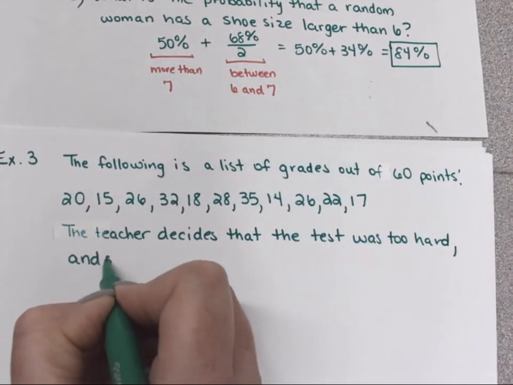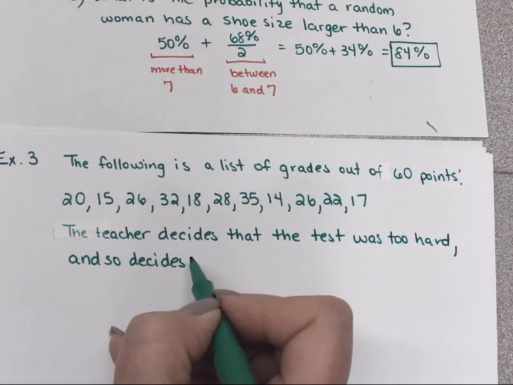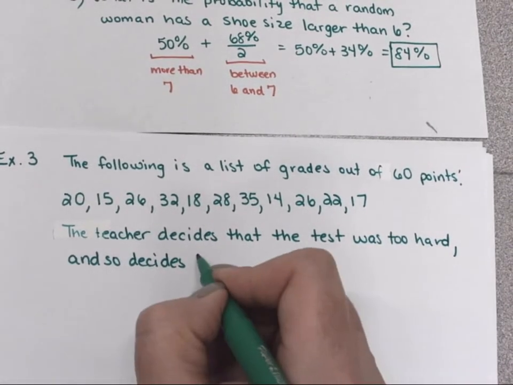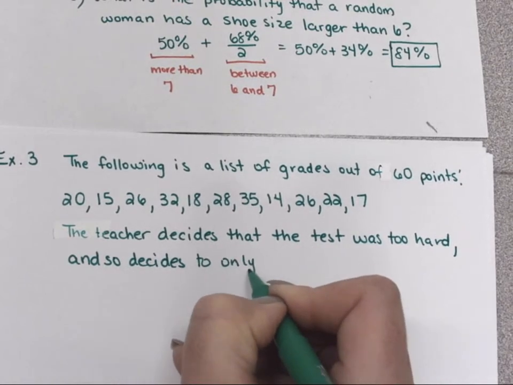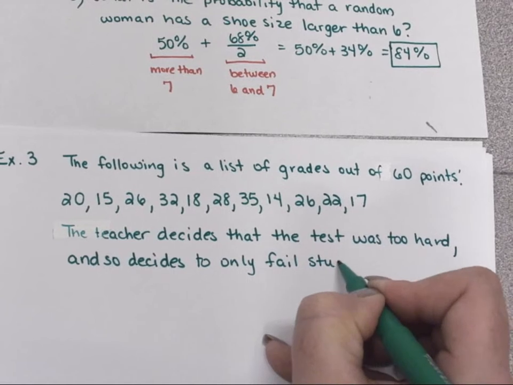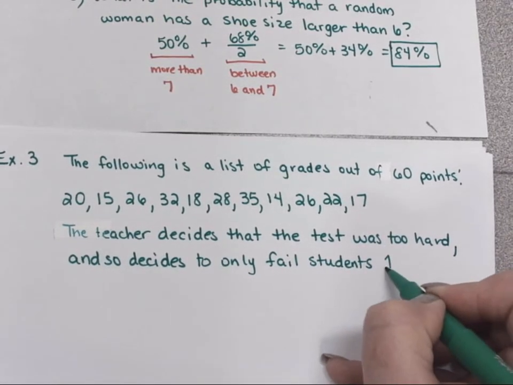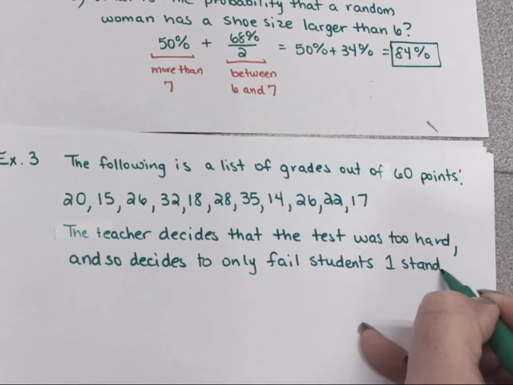And so decides to only fail students one standard deviation from the mean away.